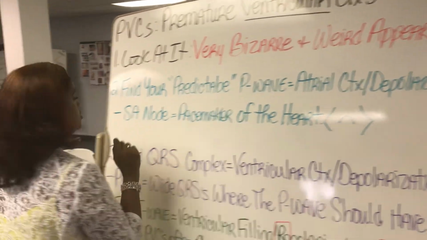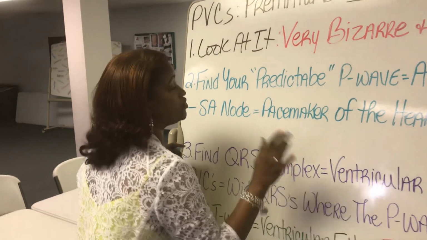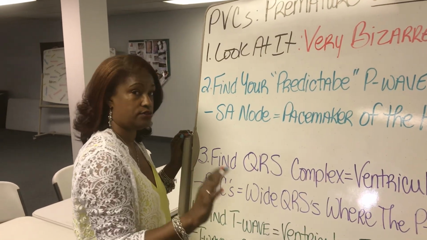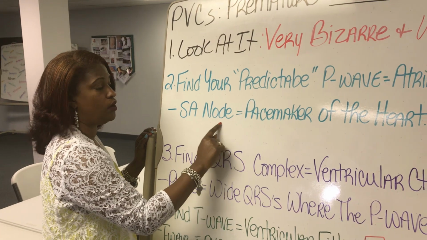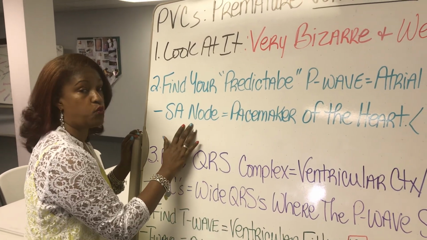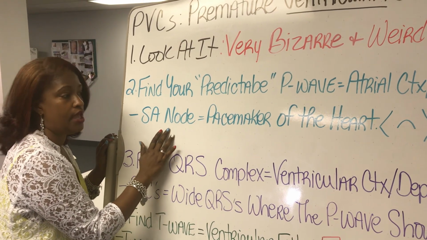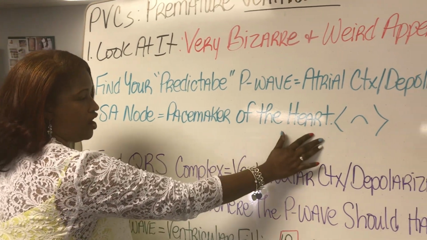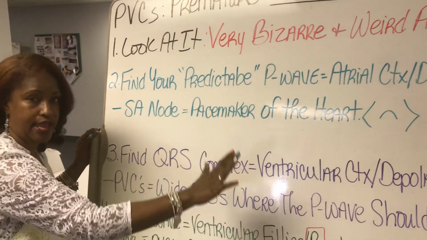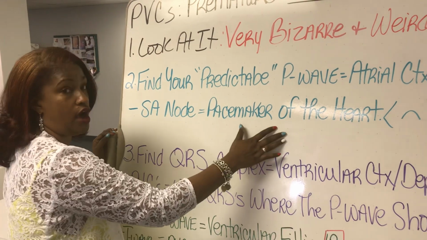Now, just a little side note, because with PVCs this matters. It matters that you know that the SA node, which is in the right atria, is the pacemaker of the heart. It sets the pace or the rate of the heart.